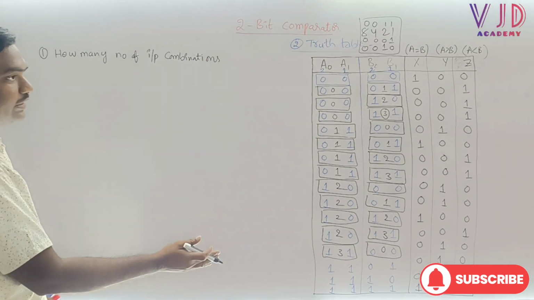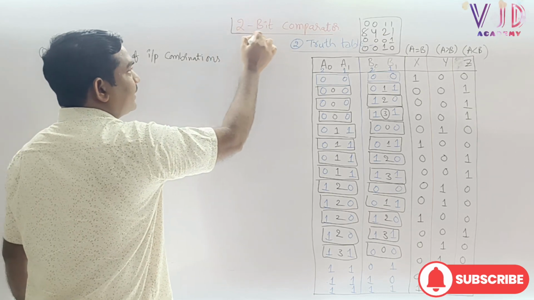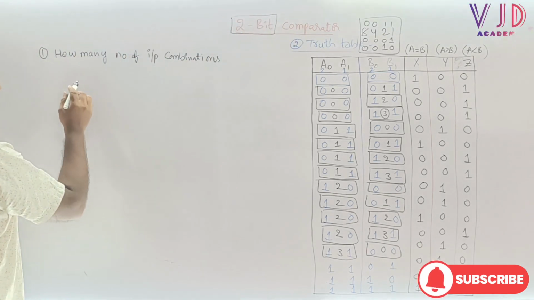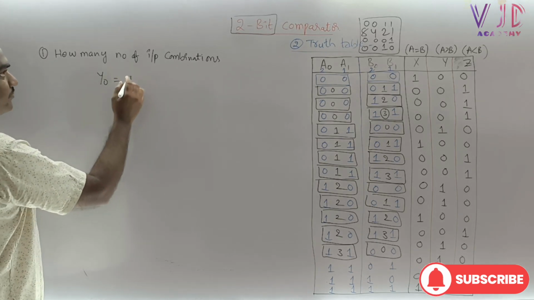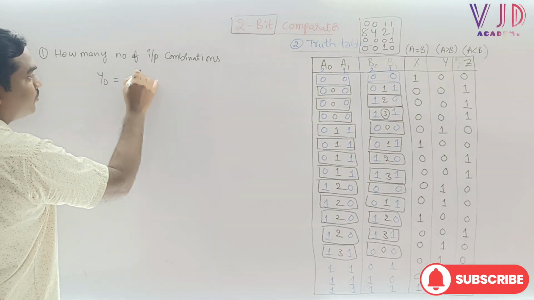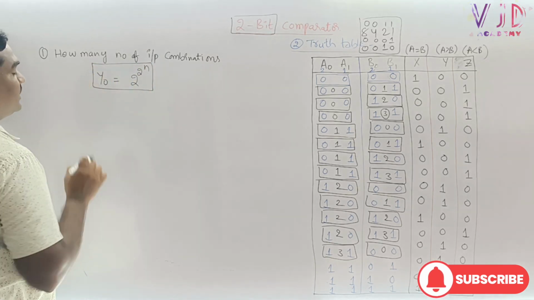To calculate the number of input combinations for whatever bit comparator may come, the equation is y0 equal to 2 power n. This is a very simple equation.